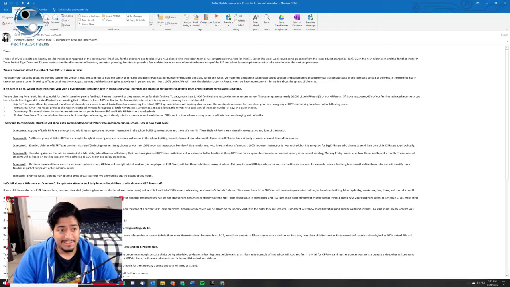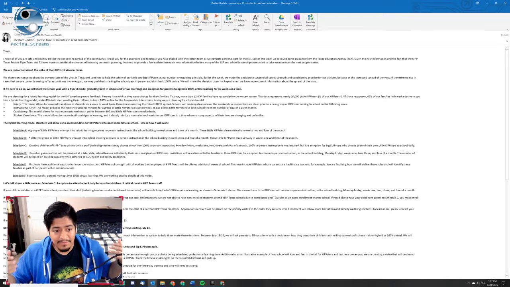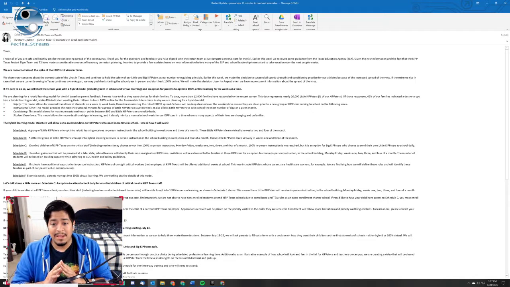Now, I received this update, and parents should have received this update as well. But if you haven't found out, the first email was about how they're doing a hybrid model going back to school, where you can choose to go back to school for, well, the idea was it to be a hybrid model or 100% virtual learning, but the key there was or.